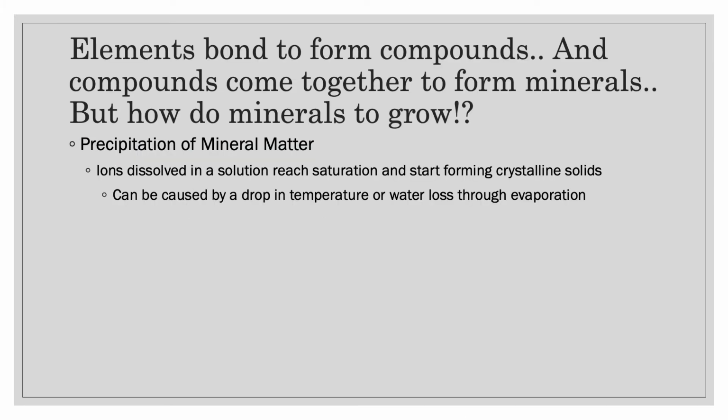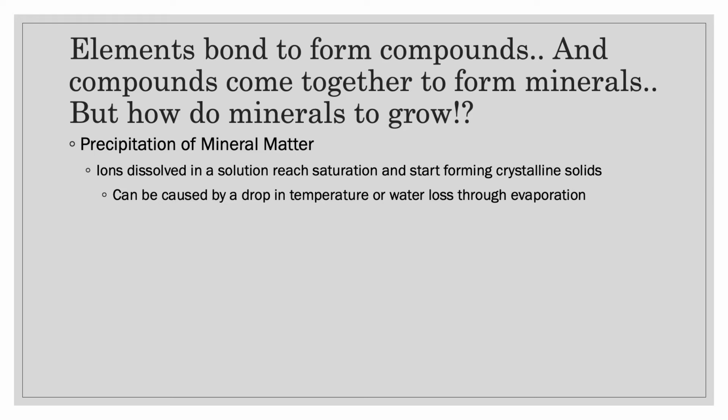We now know that elements bond to form compounds, and you will come to find out that elements and compounds come together to form minerals. But how do minerals actually grow? How do they form? How do these bonds that occur to ultimately form minerals start to happen? Well, one way is precipitation of mineral matter.